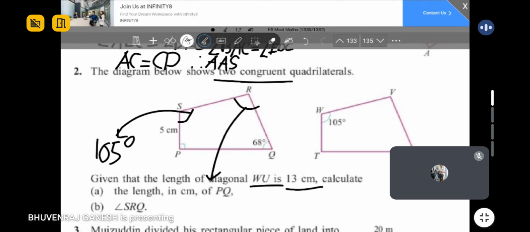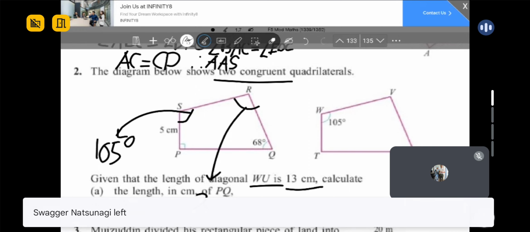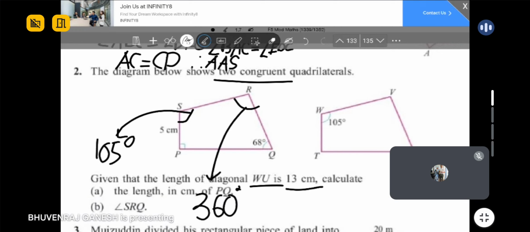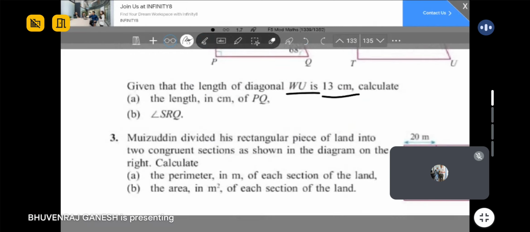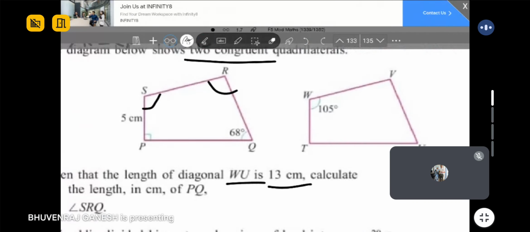In one trapezium, jumlah sudut, it should be 360. 360 darjah. So, kamu tolak semua sudut lain. Minus everything. Then you will get 97 as your final answer. Understand? So this is how we get the answer. So PQ, you should get 12 based on Pythagoras.